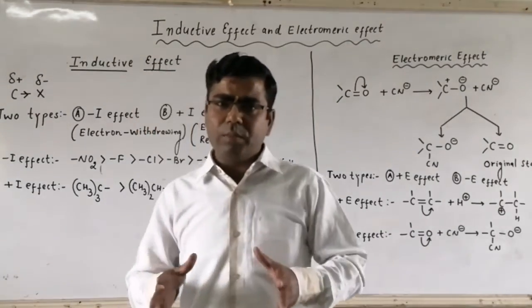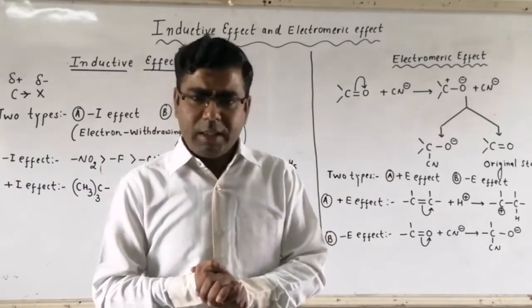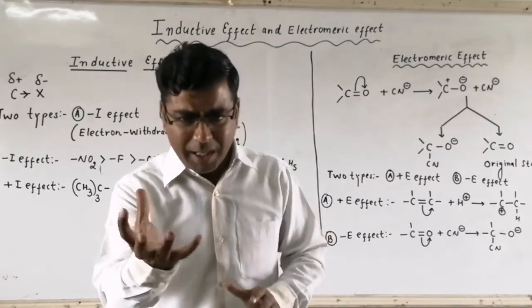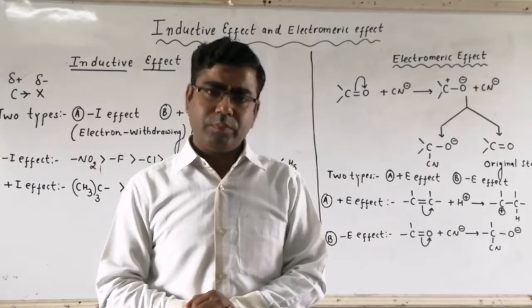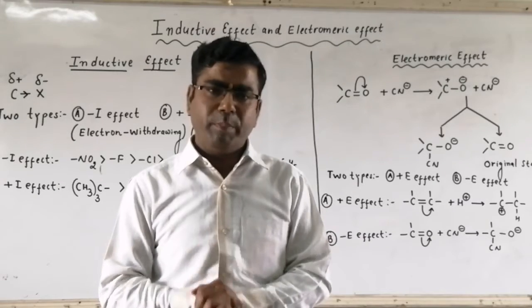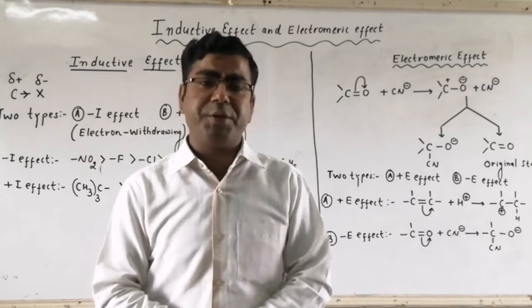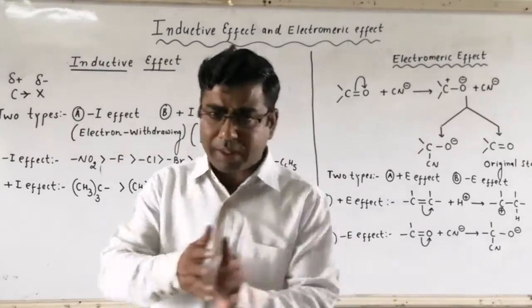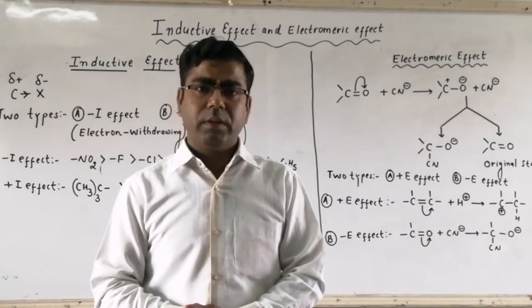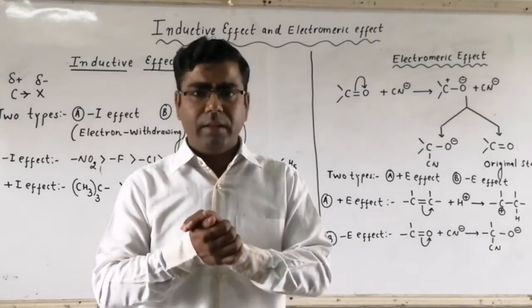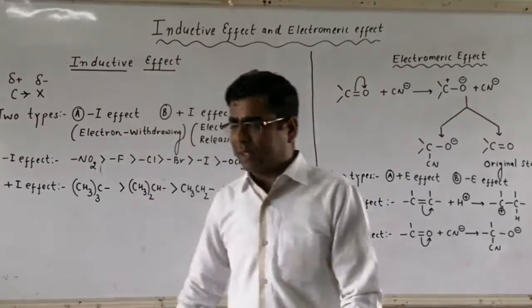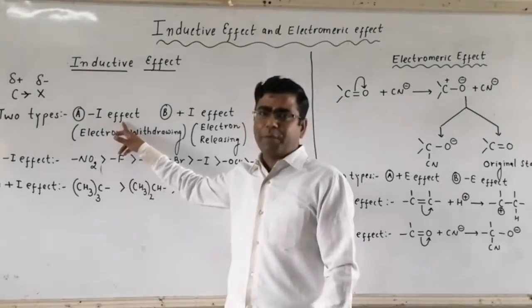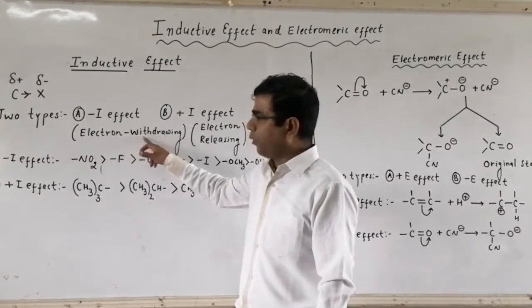So whenever an atom or a group is withdrawing the electrons from the carbon chain, making carbon chain electron deficient in nature, because electrons are moving away from the carbon chain, then such type of groups exerts minus I effect, or it is called electron withdrawing effect.